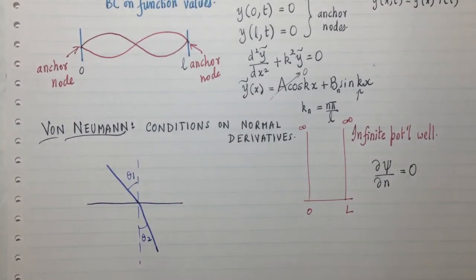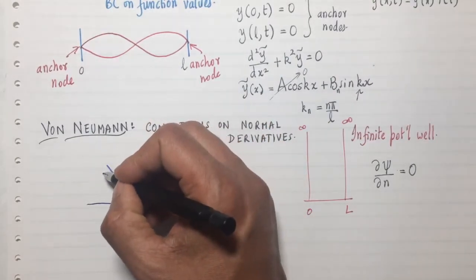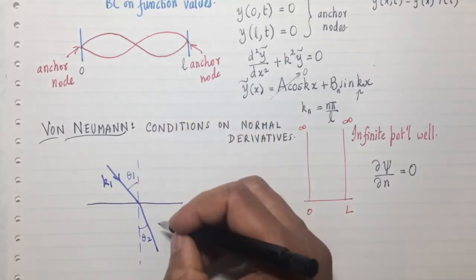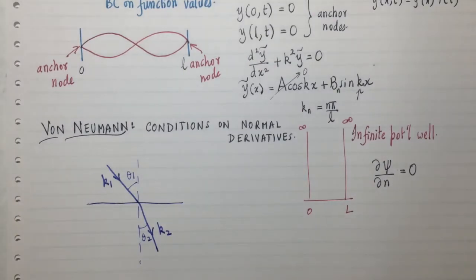Here's theta 1 and theta 2, and here's the wave number vector k1 associated to the wave, and there's a wave number vector k2 associated to the wave.